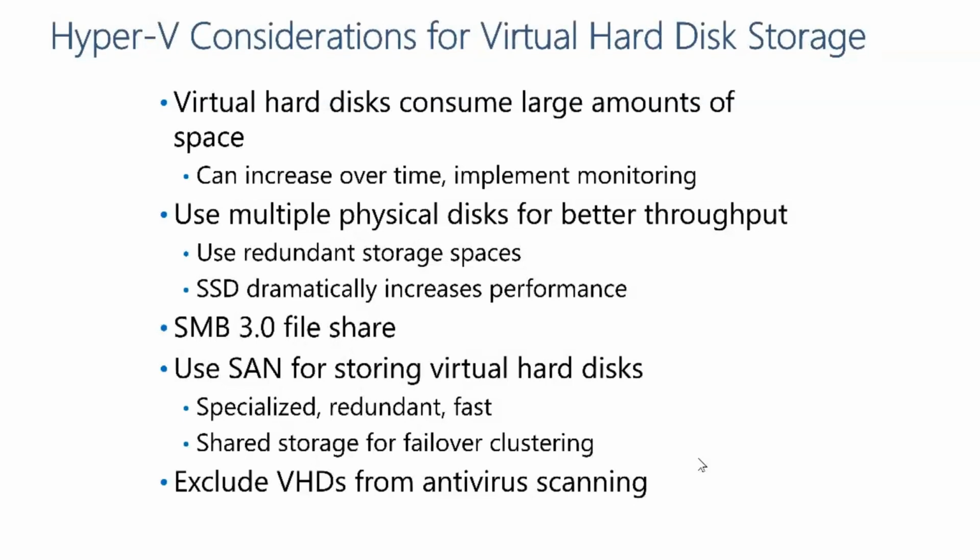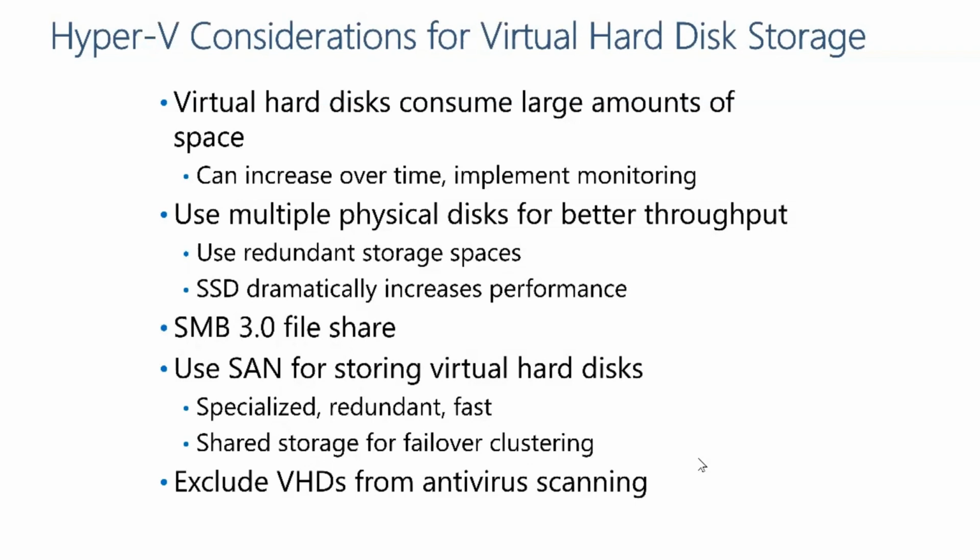Okay, so multiple physical disks is like your RAID setup, your RAID with hot spare, and obviously they can improve the performance because we can read multiple copies and write to one copy, which then replicates. We can use redundant storage spaces. Okay, redundancy, that protects against failure, obviously, and we all know that SSDs dramatically increase performance.